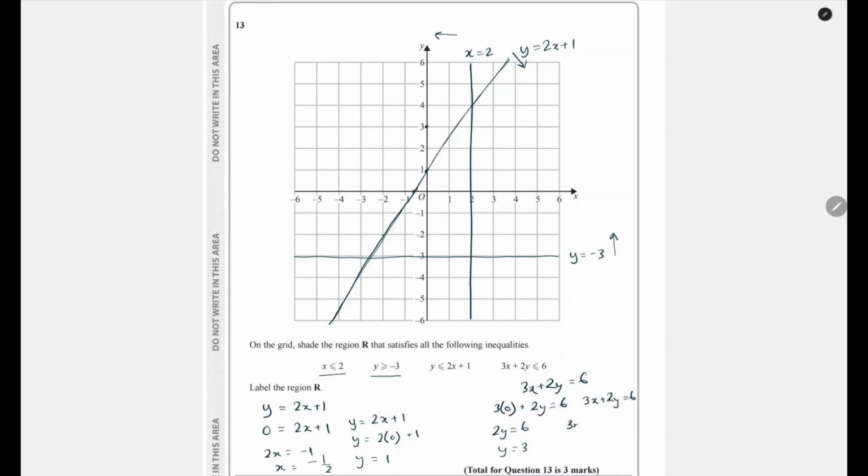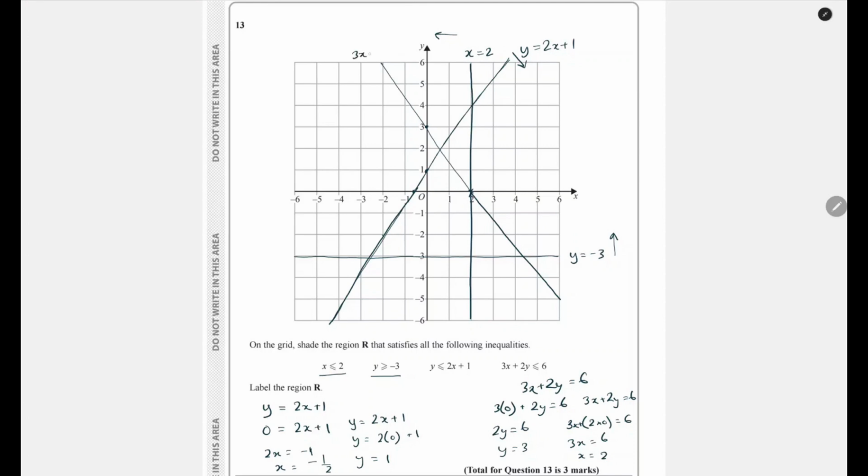3x plus 2 multiplied by 0 is equal to 6. 3x is equal to 6, and x is equal to 2. So when y equals 0, x equals 2. So we have a line there, and the line will look something like this.